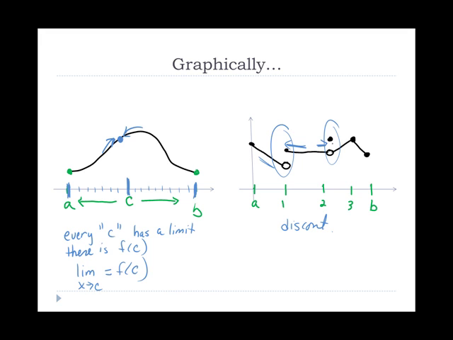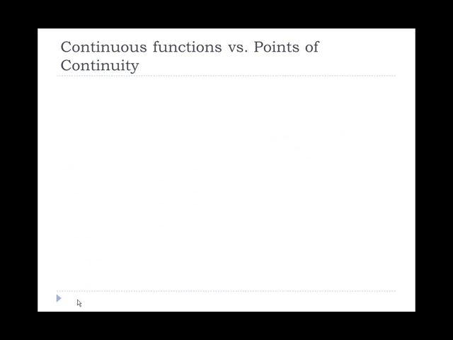Here the limit from the left does equal the limit from the right, but that does not equal the function value. Now, there are different ways we can talk about continuity. We can first talk about continuity of a function. If we are asking, is the function continuous, we are asking, is it continuous for its domain?